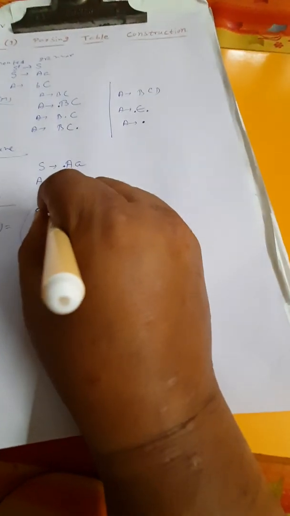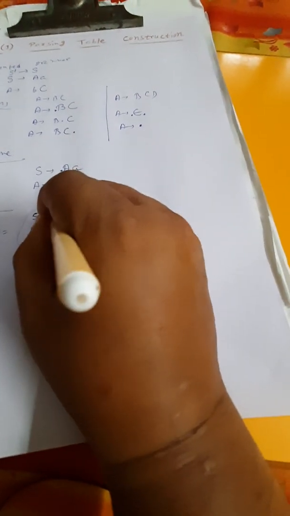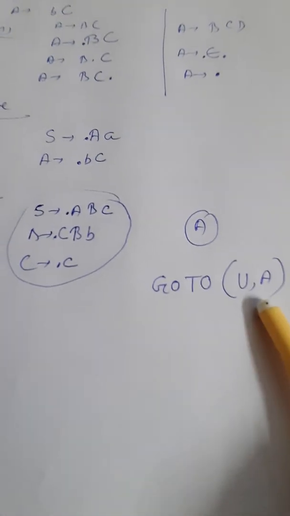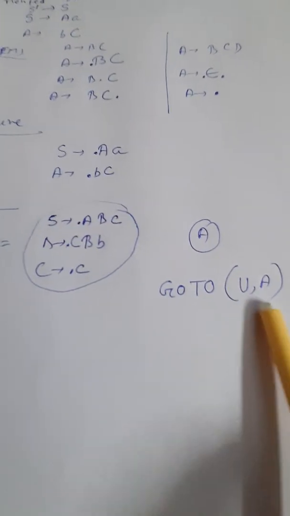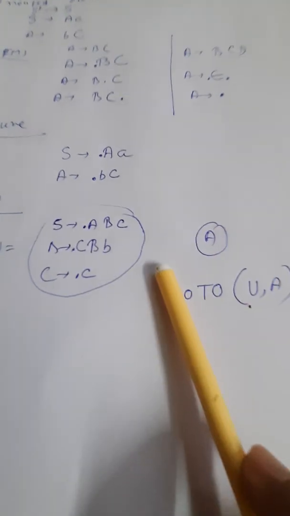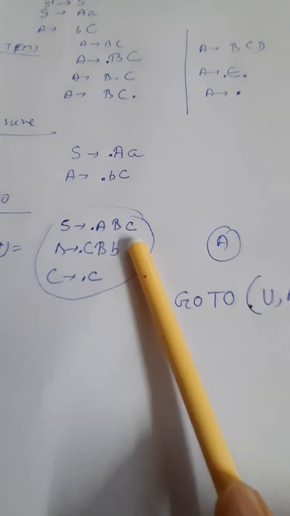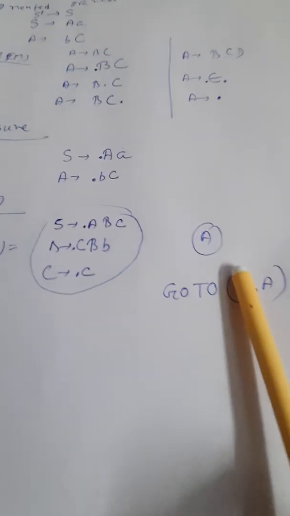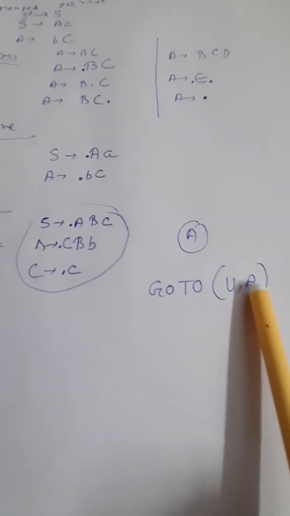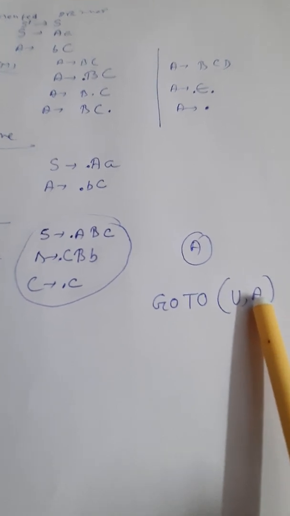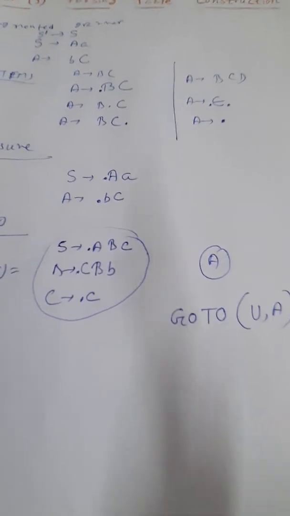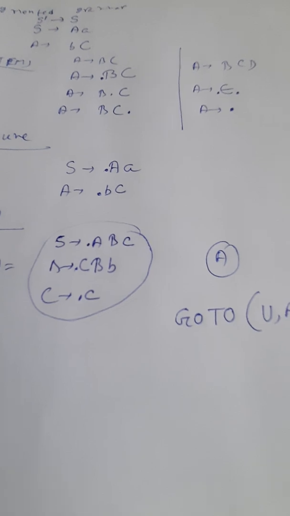So I am adding the dots here. Suppose this is the set. First you look in the given set U, is there at least one rule where A is just behind the dot, A is following the dot?